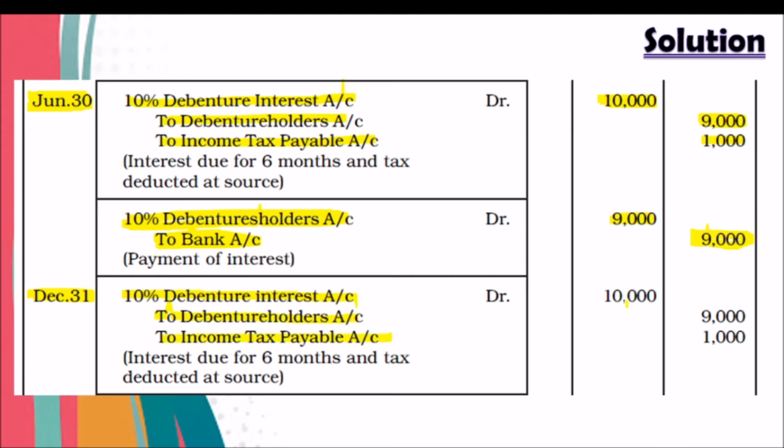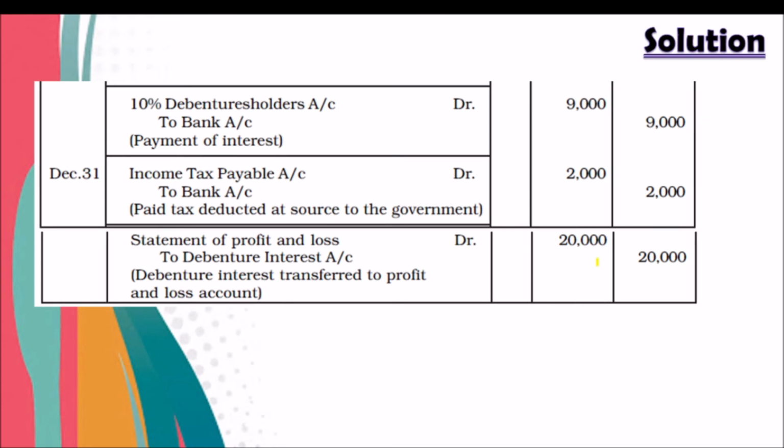Amounts are 10% debenture interest 10,000, debenture holders account 9,000, income tax payable 1,000. And when we pay the interest to the debenture holders, debenture holders account to bank 9,000, income tax payable account to bank, the income tax paid to the government 2,000, total interest 20,000 into 10%, that is 2,000.